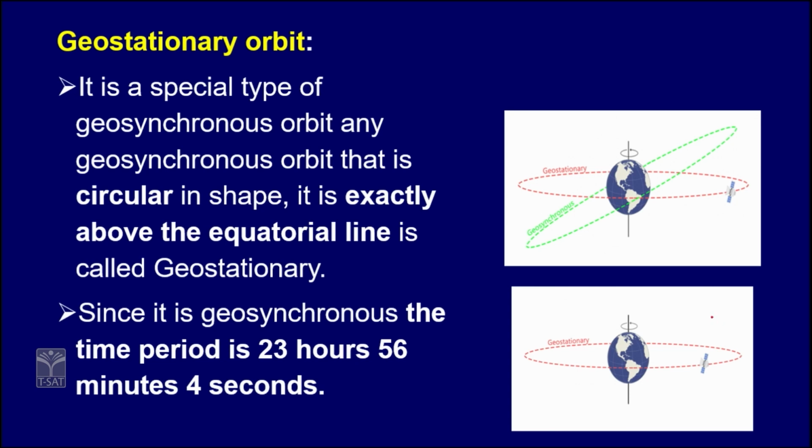If you look at this picture, we have two types of orbits, one is this one and another is this one. Both might have the same time periods, but both are not geostationary orbits. This red colored one is the geostationary orbit.